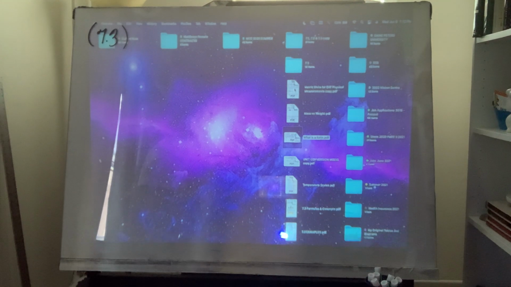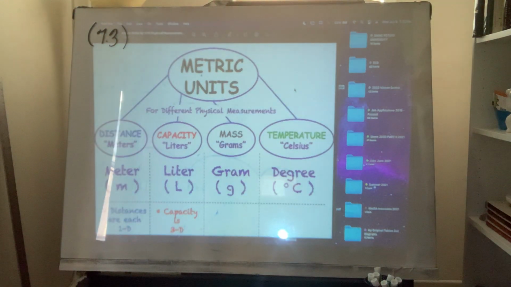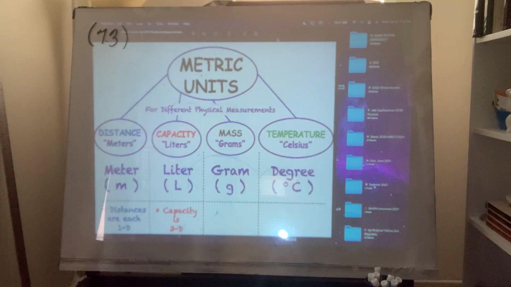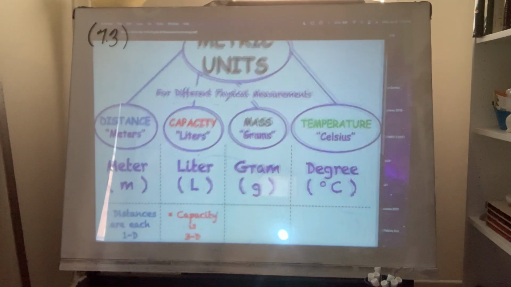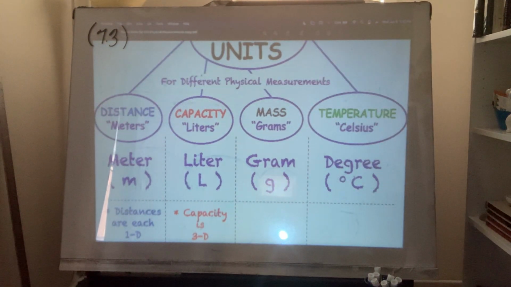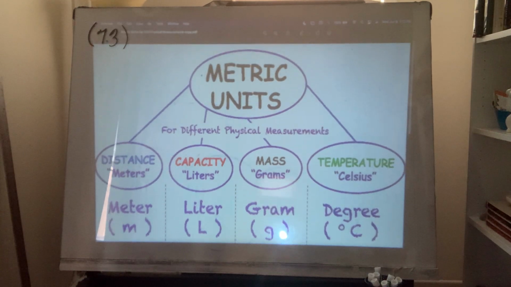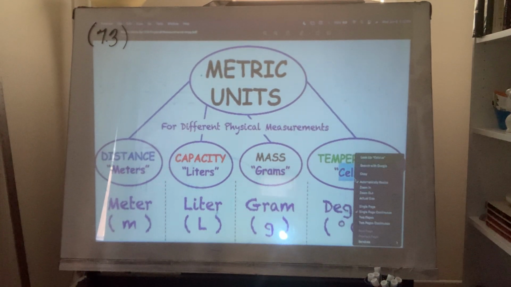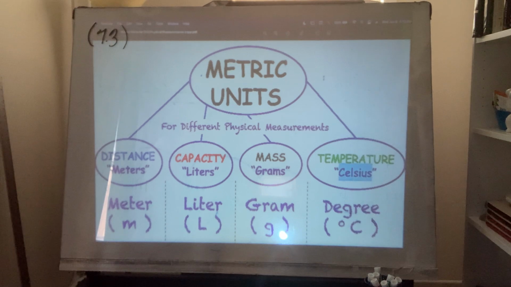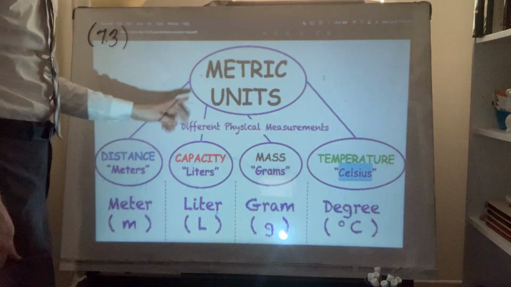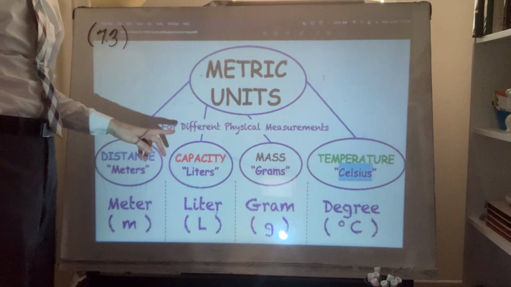Here again is the overview from the beginning of chapter 7. Not to be redundant, but just to keep things in order here. We are discussing metric units that are for different physical measurements.